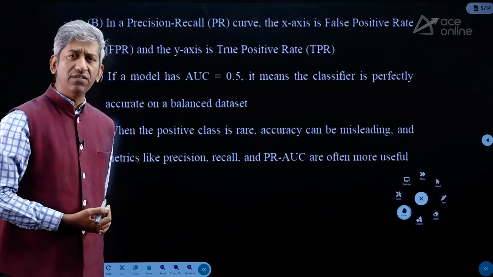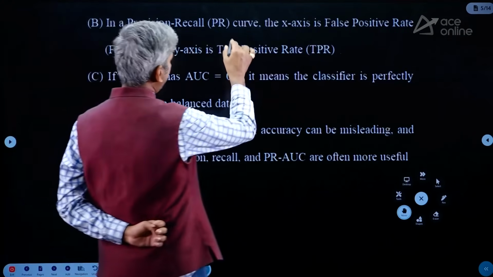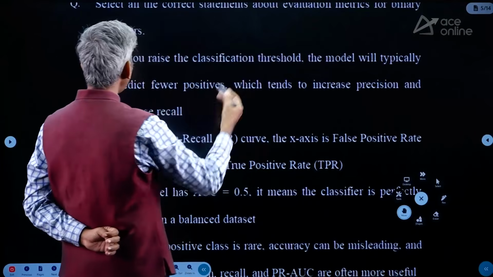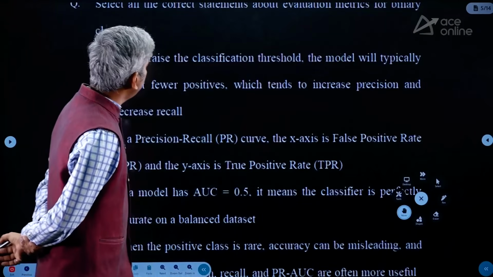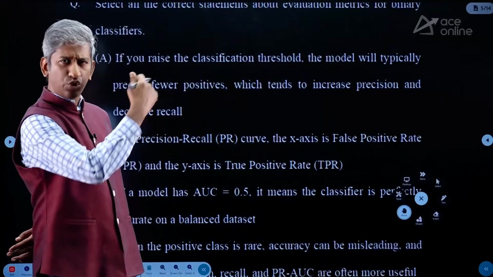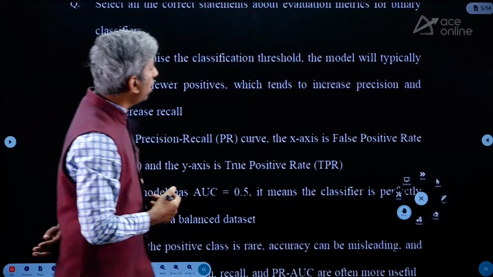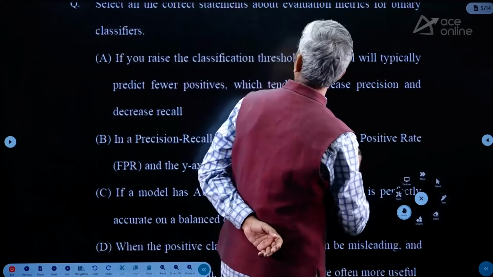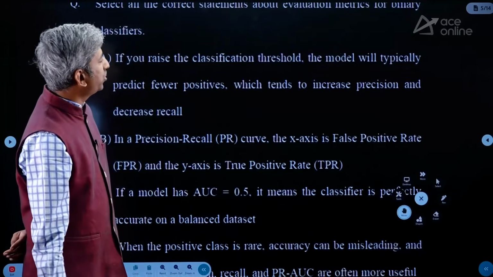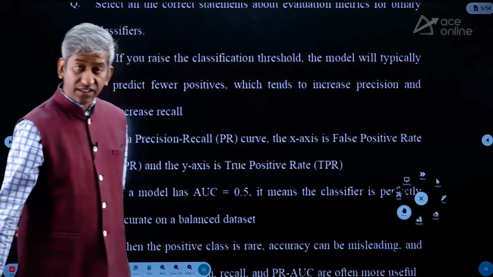Related to the evaluation metrics that we use in classification, we need to identify which statement is correct. Option A. If you raise the classification threshold, that means on increasing the threshold value from its default 0.5, what happens is the model will typically predict fewer positives, which tends to increase precision and decrease recall.